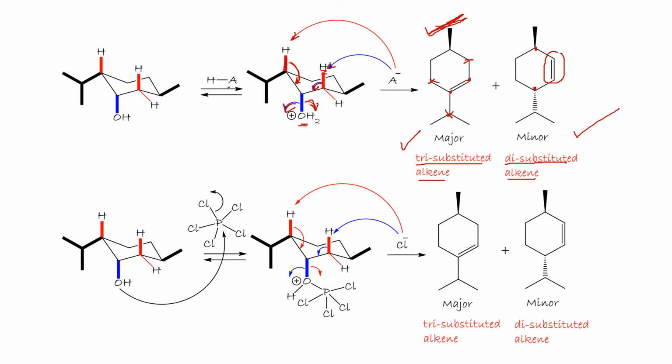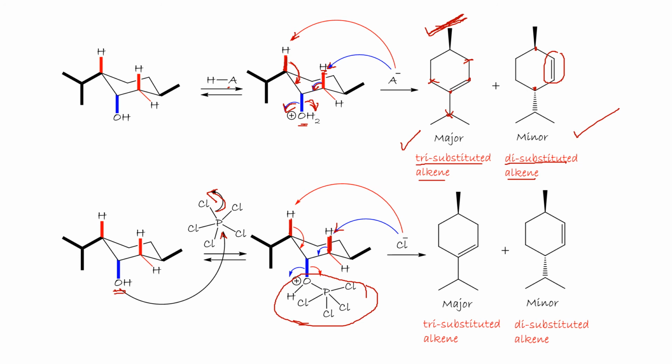If we look at the reaction of the alcohol with phosphorus pentachloride, the lone pair of oxygen will attack the phosphorus, kicking the Cl out. Then again it forms this oxonium intermediate, which would be attacked by a Cl minus on this hydrogen or that one, and this is a very good leaving group now.